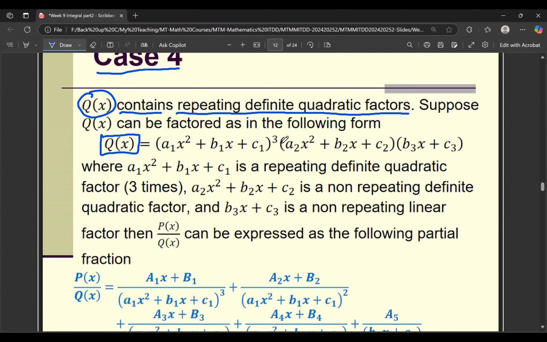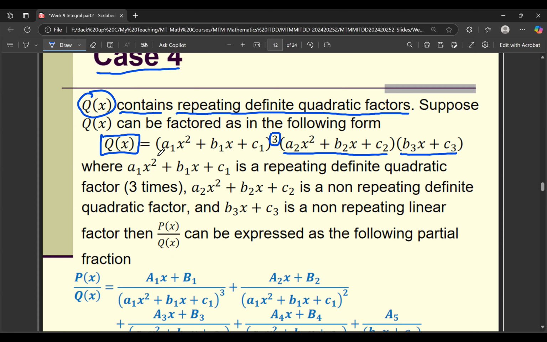Because the quadratic factors of Q(x) can be long to write, we just make the representation of the repeating definite quadratic factors three times. And we combine this with the non-repeating quadratic factors and also one linear factor.